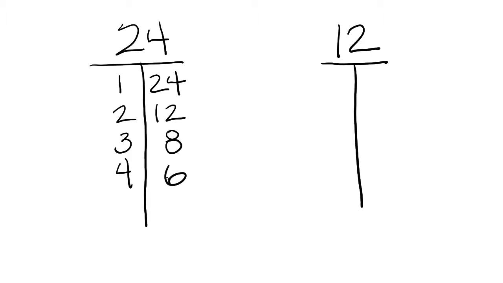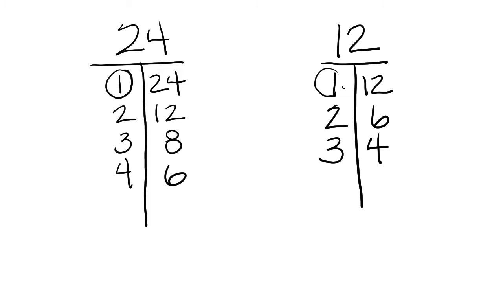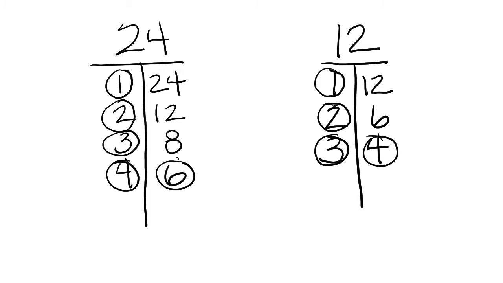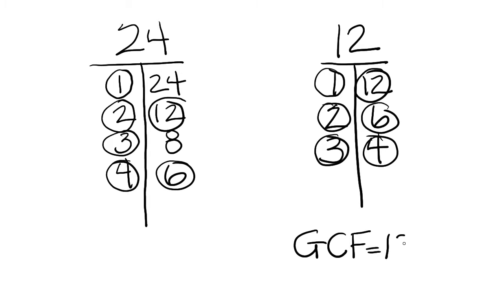When finding factor pairs, it's a good strategy to begin with 1, as every number has 1 as a factor. So for 12, 1 and 12, 2 and 6, 3 and 4. When we look at both charts, 1 is a common factor, so is 2, 3, 4, 6, and 12. 12 is the greatest common factor for 24 and 12.